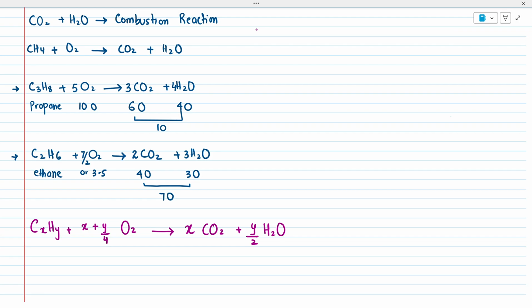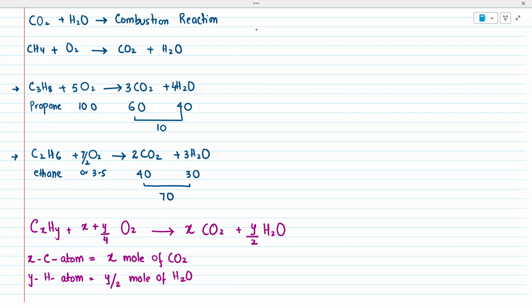Here, x carbon atoms present in an alkane give off x moles of carbon dioxide gas, and y number of hydrogen atoms give off y upon 2 moles of water molecules.